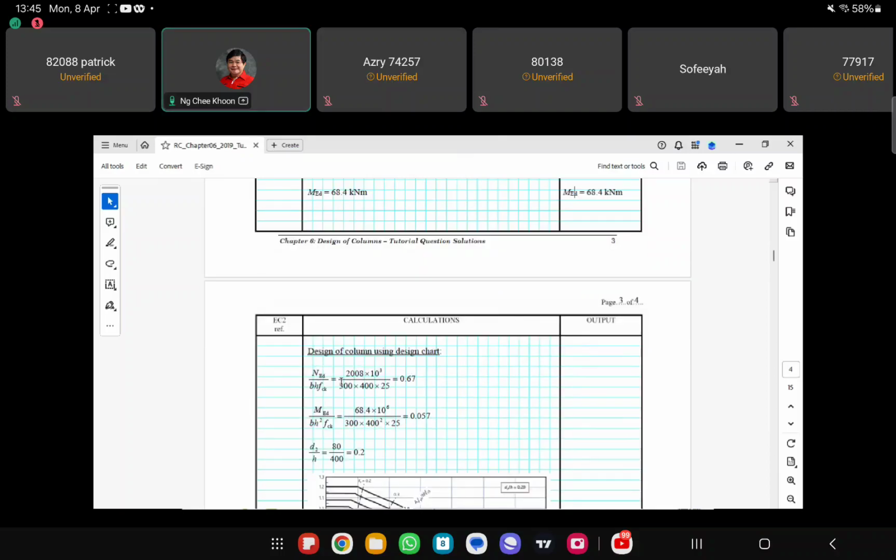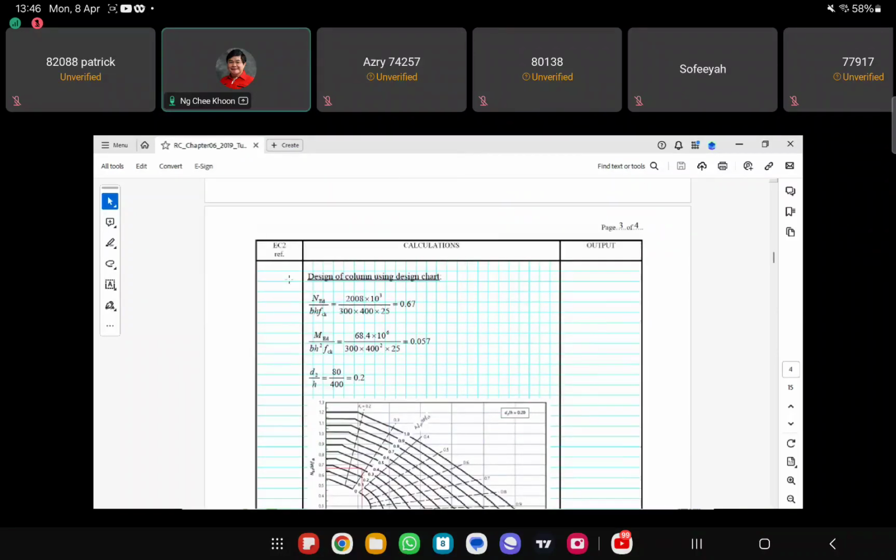Right. So in order to use the design chart, we need to calculate this term where it is NEd over bh fck. So what I mentioned here, we have to be very careful about this H value here. If it's about major axis, then H is the larger dimension. If it's about the minor axis, the Y axis, then H will be the smaller dimension.